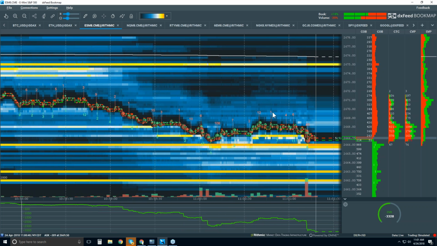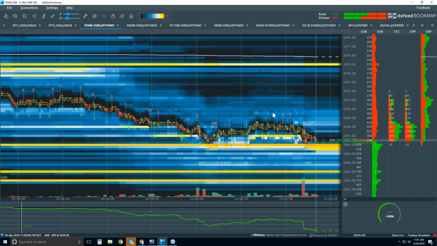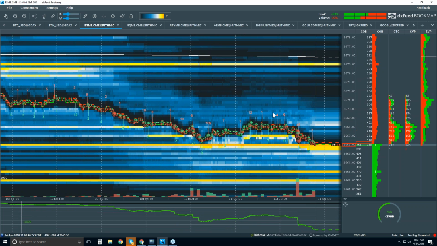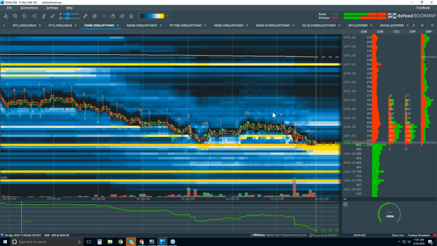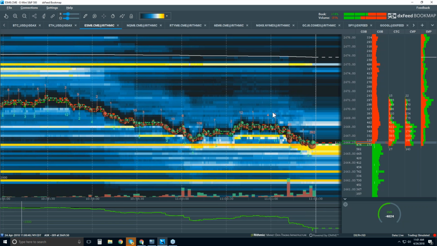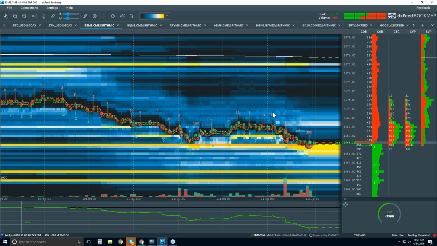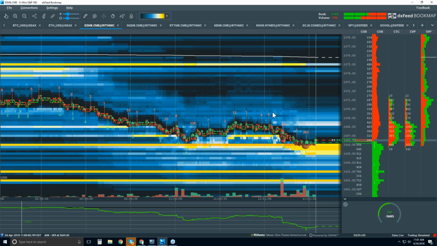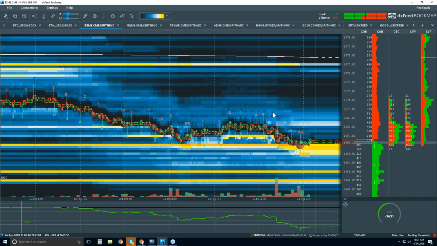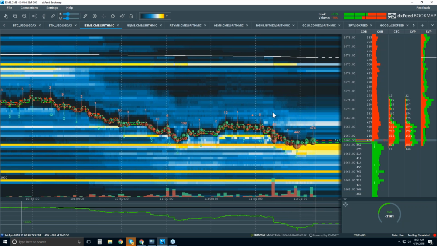Okay, Ben, let's see here. Is it a separate payment for the data feed? Yes, it is. We're not a data provider. We're just a software platform, visualization and trading platform. Brent, there are a number of FCMs out there that offer Rithmic.